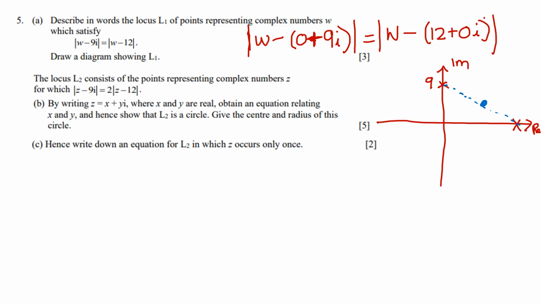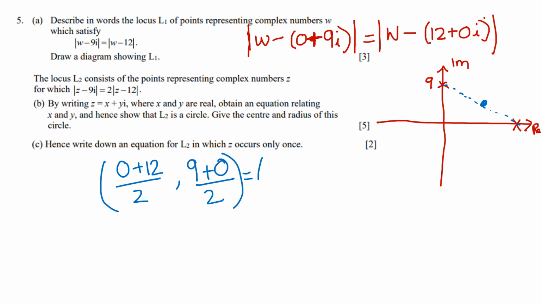So we've got 0 plus 12 over 2, that's the x coordinate, and the y coordinate would be 9 plus 0 over 2. So the midpoint is 6, 4.5. So Wally could be at 6 along, 4.5 up.